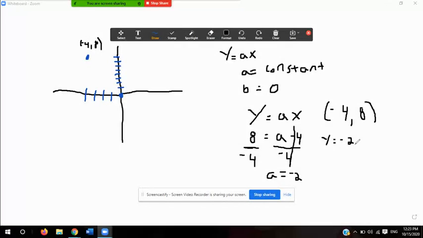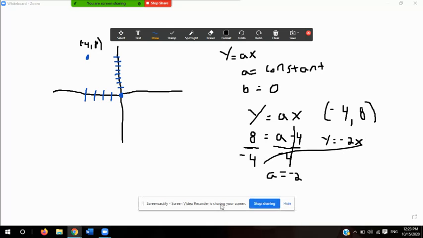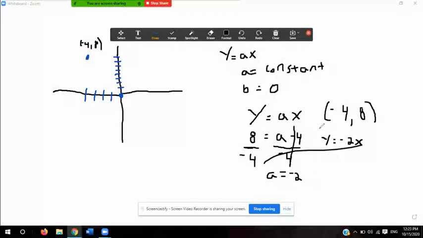Now to graph the other points that are going to be on this line, I know how to do that already. Technically, if the constant is 2, sorry, give me 1 second. Here you go.